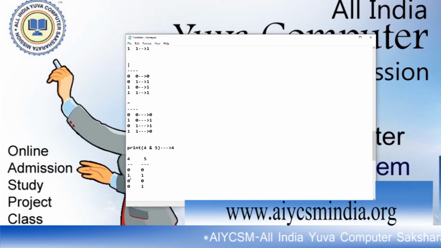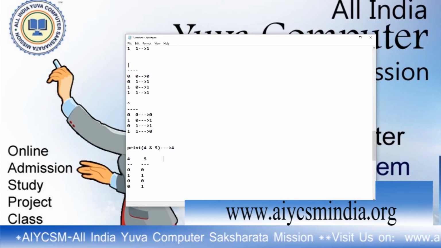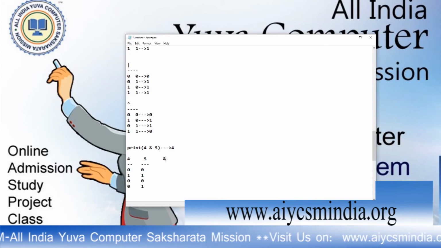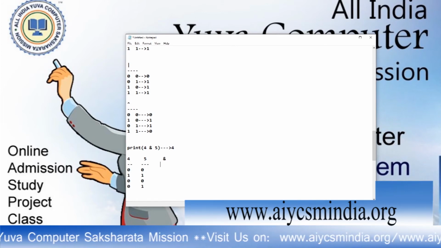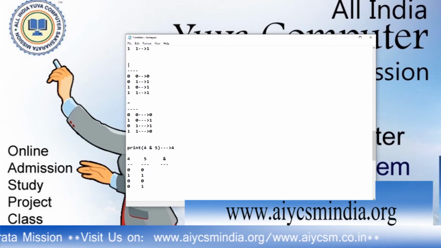This is the binary representation of 4, and this is the binary representation of 5. Now if we implement AND, what will be the answer? The answer is 0 and 0.